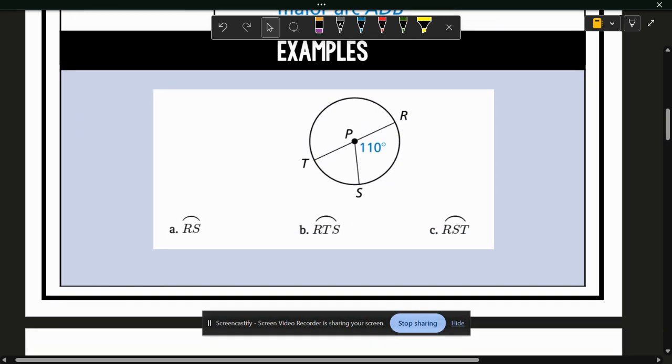Here's a quick example that I wanted to show you and do with you. If you take a look at this picture, RS is asking for a minor arc that's labeled, which is 110.